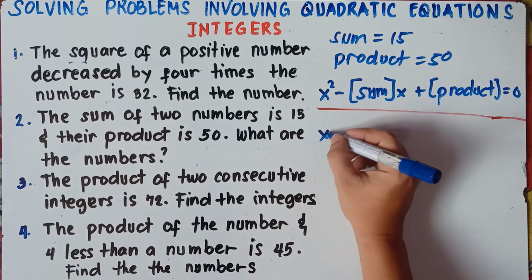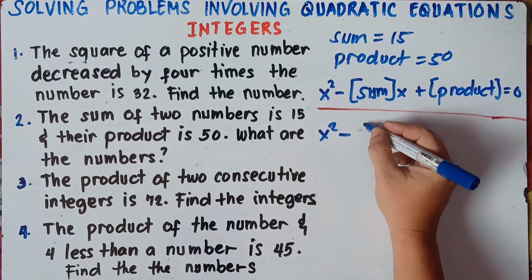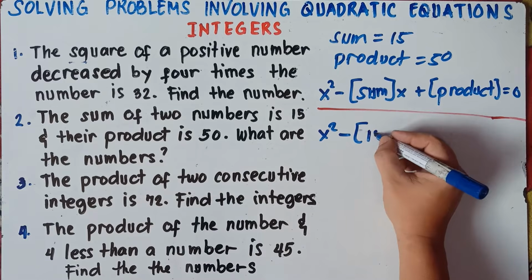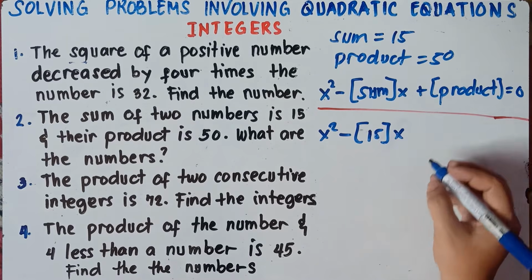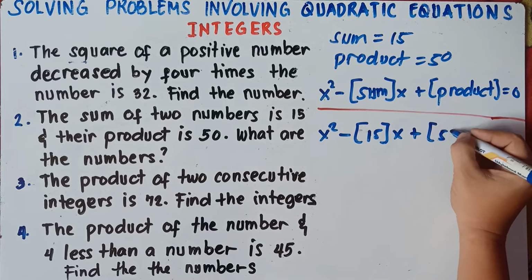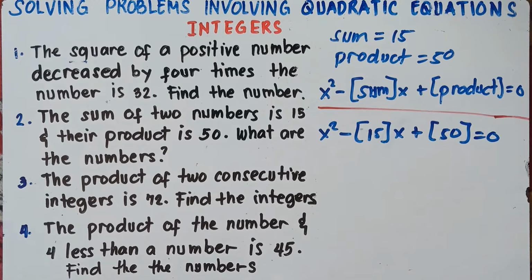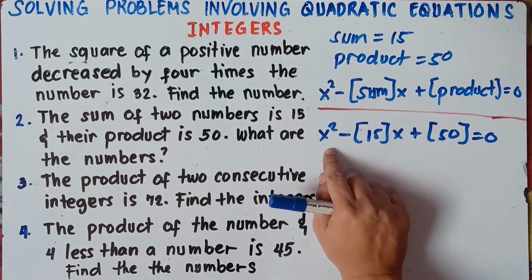So that would be x squared minus the sum, which is 15. So minus, you put a bracket, 15, x plus the product, which is 50, so 50 equals 0. Alright, and you simplify. This will be x squared.